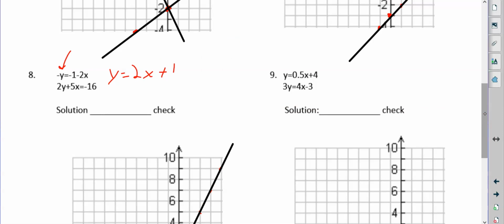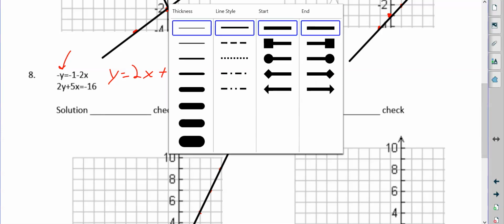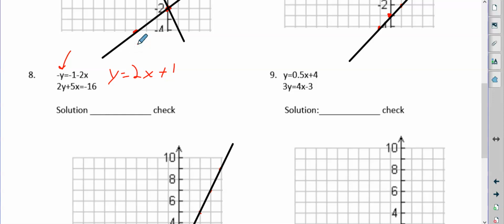Here, I cannot do cover method because 5 does not go in 16. So I need to move the 5x over. So it's going to be 2y equals negative 5x minus 16. Then divide by 2, which gives me y equals negative 5/2 x minus 8.